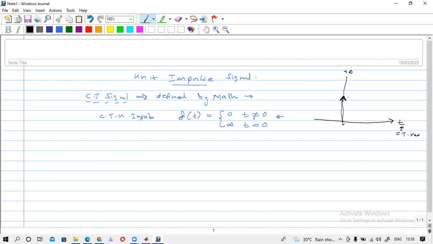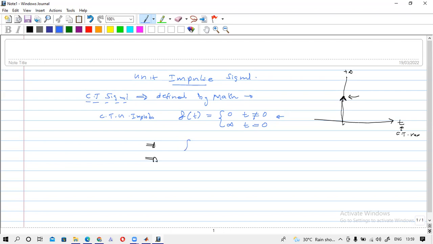What does this mean? This impulse is running up to infinity. It is a continuous time signal. There are actually two definitions; we define the unit impulse function in two ways. I hope you have learned this in your signals and systems.